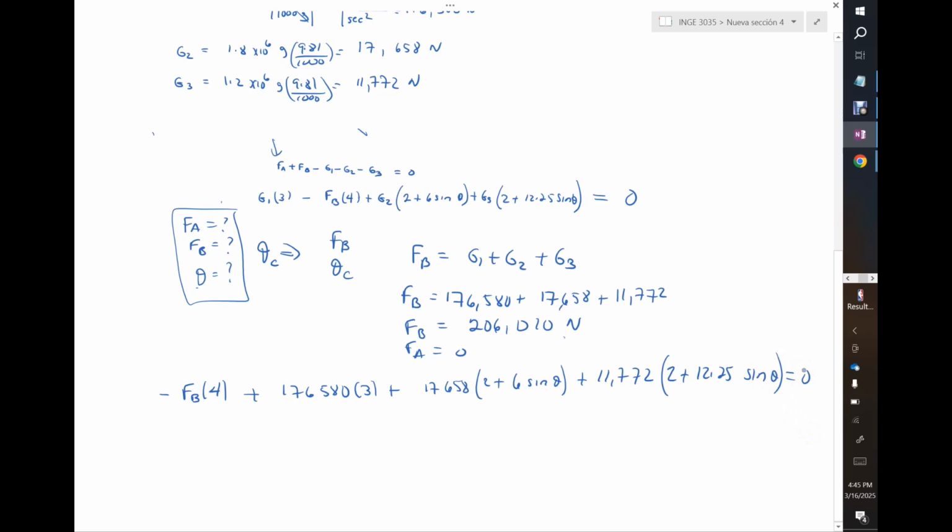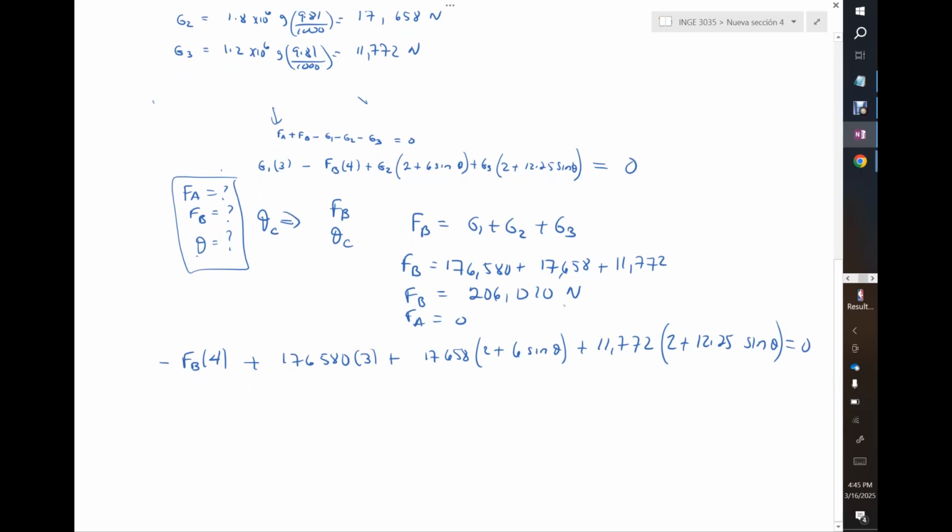So now let's do a little bit of math and let's see how this ends up being. Hold your horses here until I get this straight. Okay, so that will be minus FB times 4, the arm.